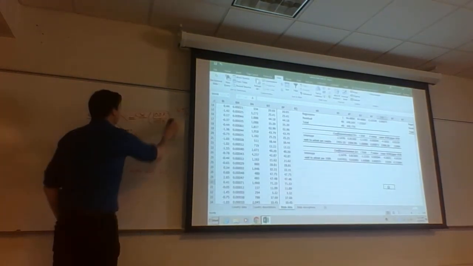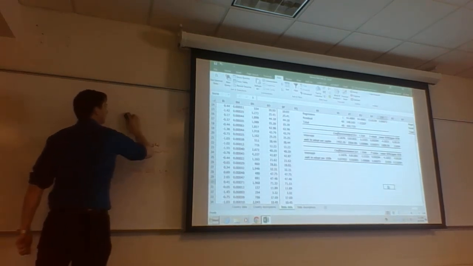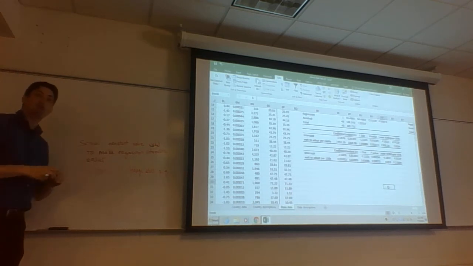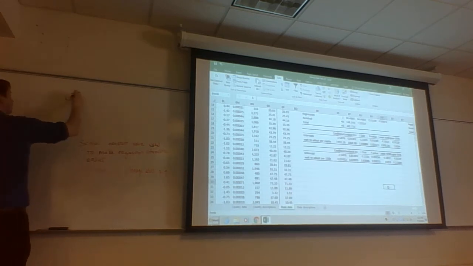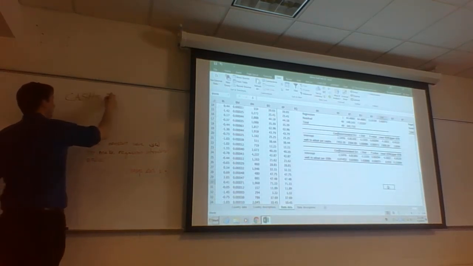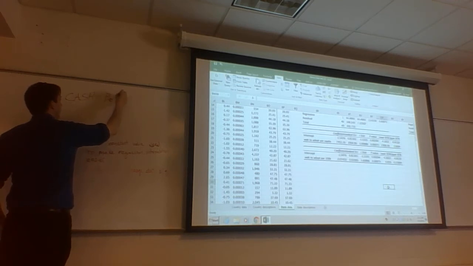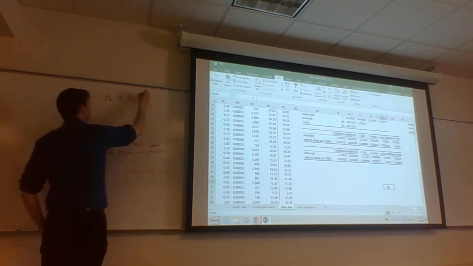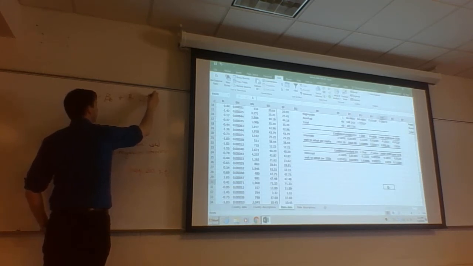So, to show you what's going on, let's look at my actual regression. There's my cash variable. I have some beta 0 plus some beta 1, and then I'll just use the child variable.